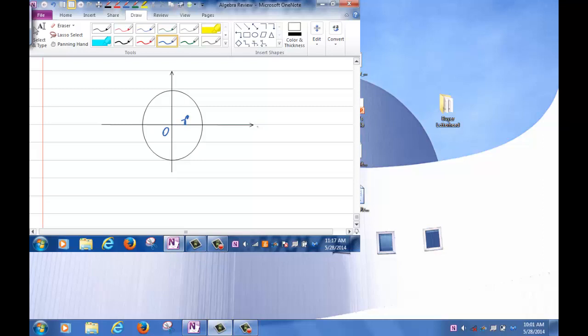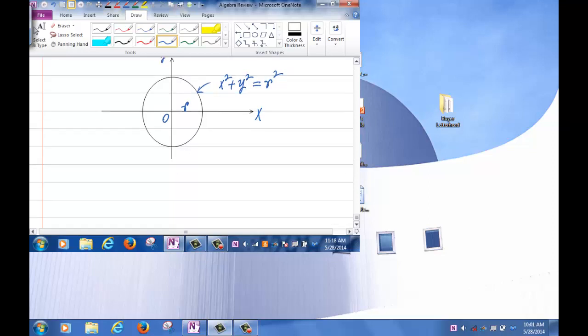Then what's the equation of this circle? The equation of this circle is given by x squared plus y squared is equal to r squared. However, what if the center is not the origin?